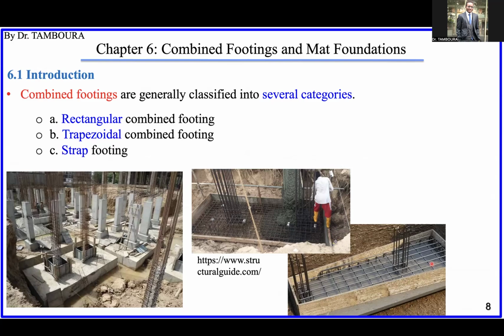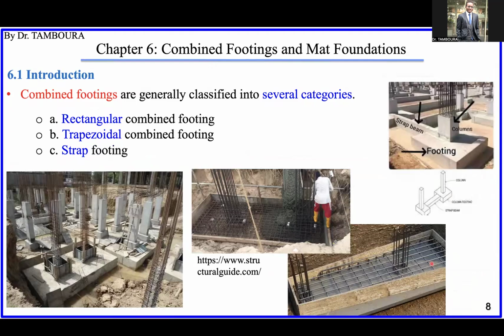And we also may have strap footing. So in that case, you have two isolated footings, but connected with what we call a strap beam. Okay, you can see here a photo. You have a footing here, each of them receiving a column, but we connect them with this kind of beam, strap beam. So strap footing. Okay, so all these are called combined footing.